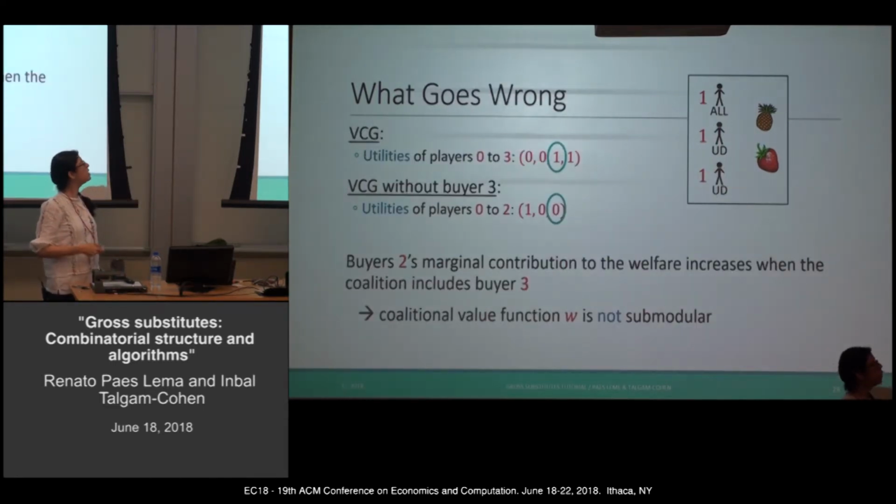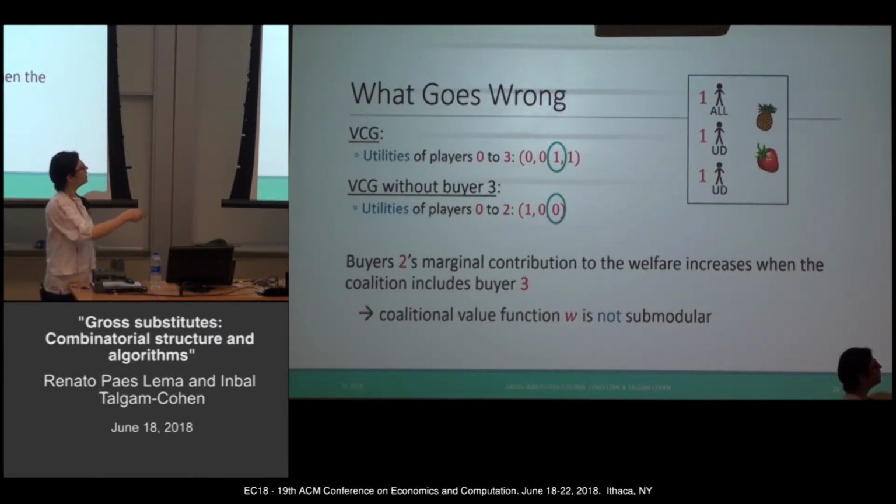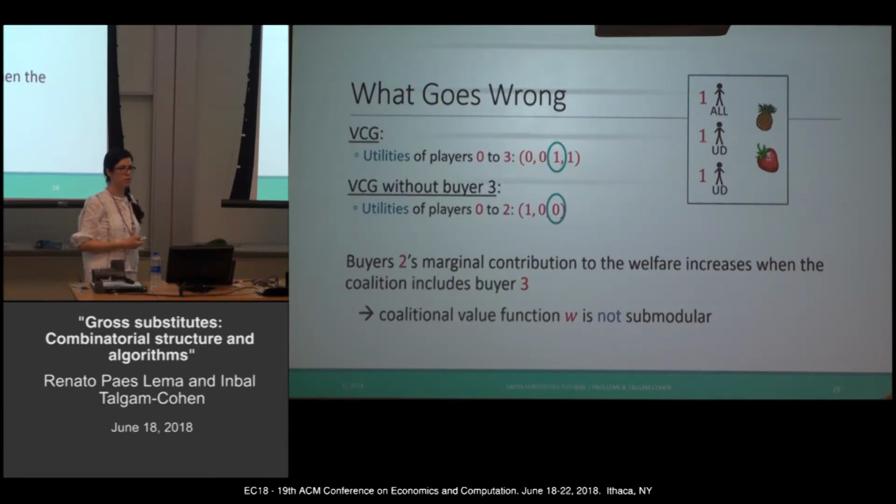Okay, so what's really going on here? What's happening is that the buyer's marginal contribution to the welfare, or this utility here, is increasing when the coalition includes buyer 3. So another way to say this is that the coalitional value function is not submodular.